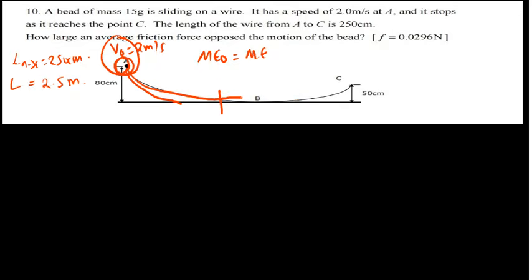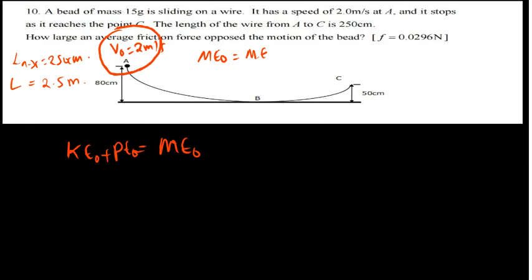I can get you. Okay, so now I was saying, at point A, we are going to have the initial kinetic energy plus the initial potential energy. When we add these, we get the mechanical energy. But this mechanical energy is supposed to be equal to the final mechanical energy. But what's going to happen here?